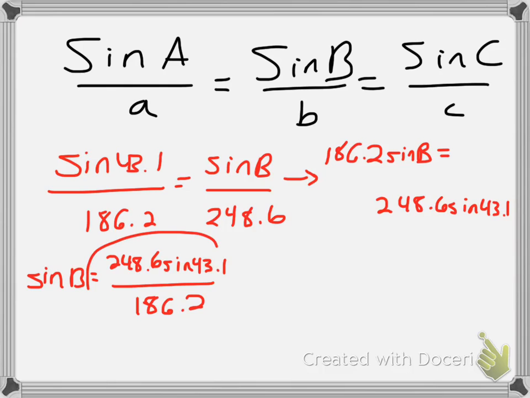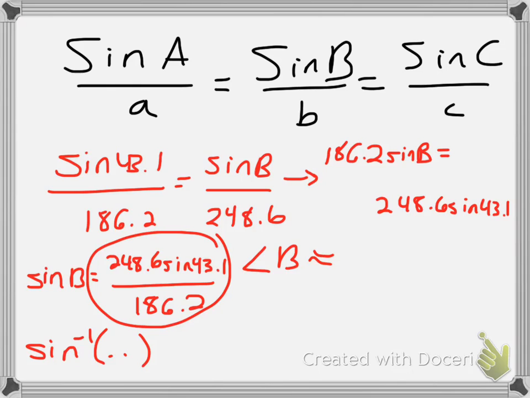So on your calculator you do inverse sine of this entire thing, and that will give you an answer. And when you do, you'll get an angle for B of about 65.8 degrees.